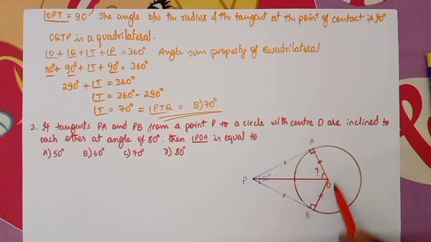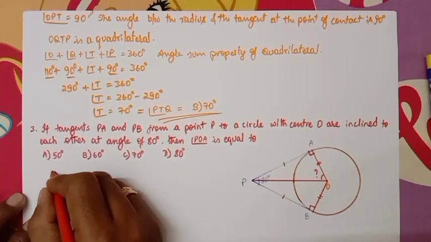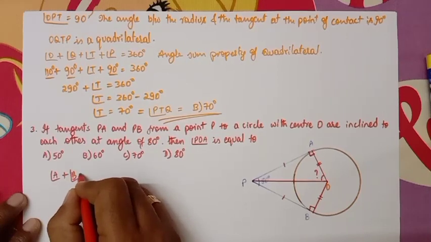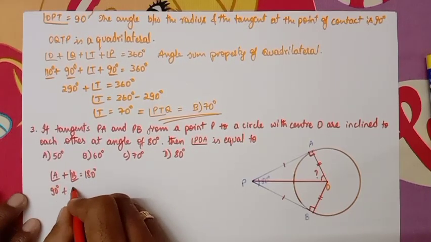As per the angle sum property of this quadrilateral, angle A plus angle B is equal to 180 degree, as this is 90 degree plus 90 degree.